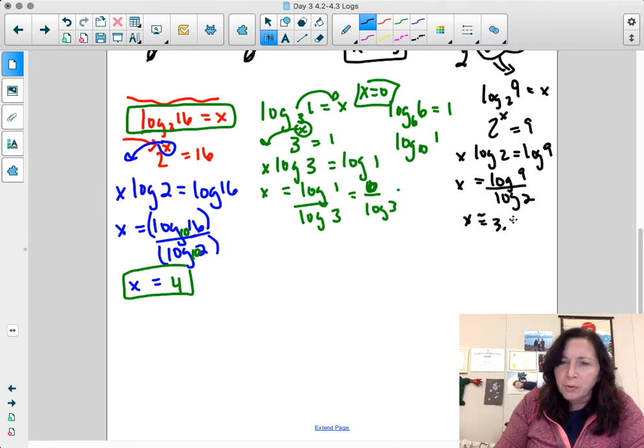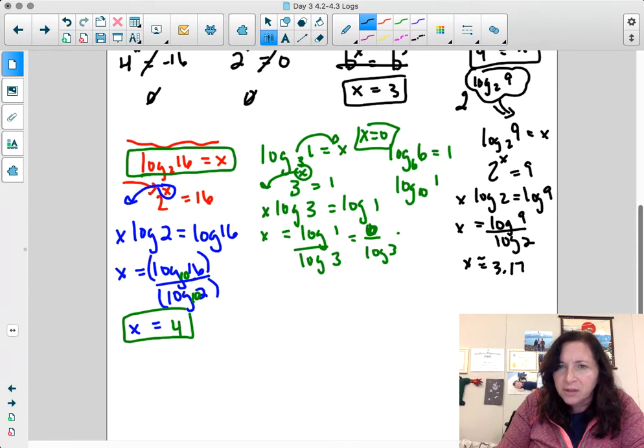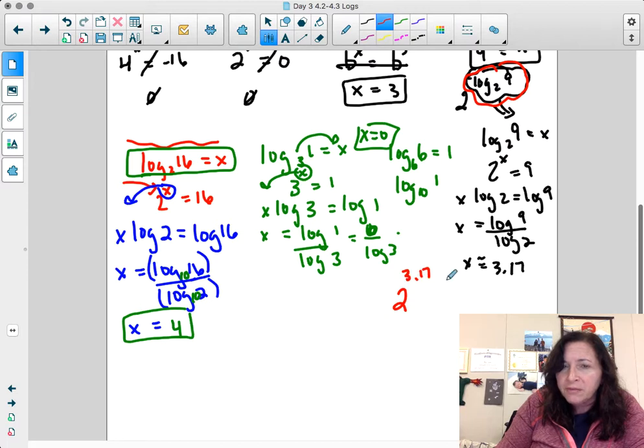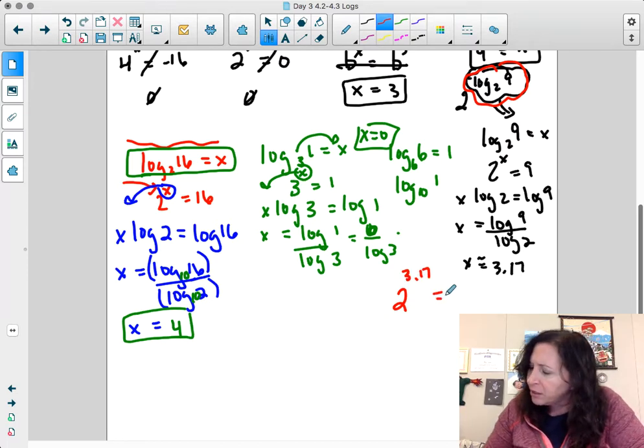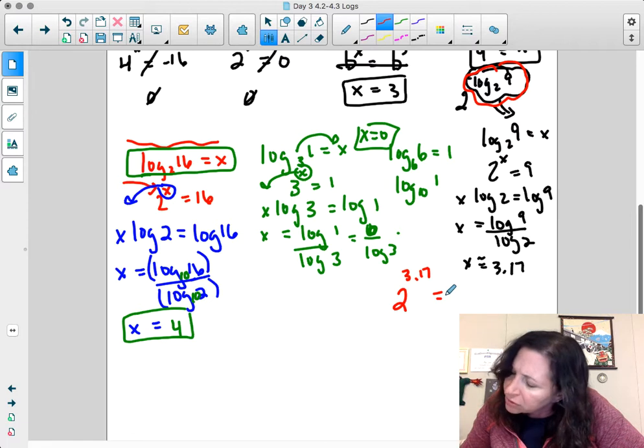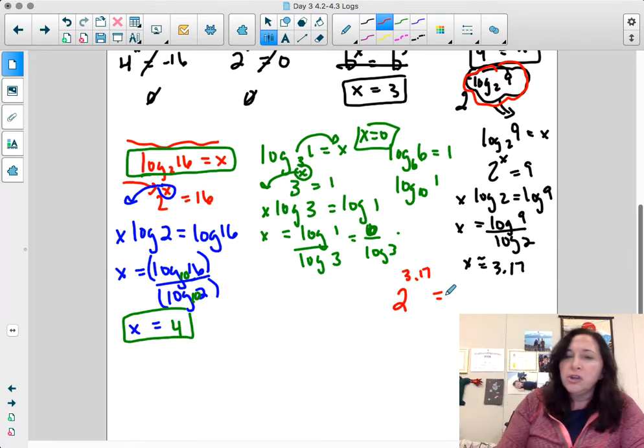So coming back up to the top, what we just found was this value right here. If I plugged in what my x is, because that's my log base 2 of 9, and I said 2 to the 3.17 power on my calculator, you should get right around 9.